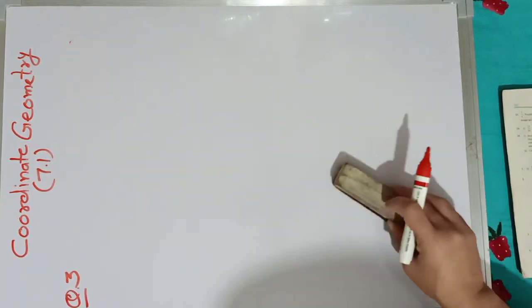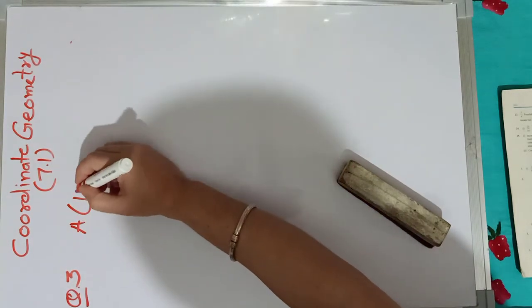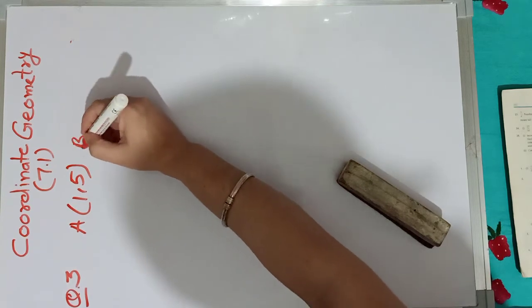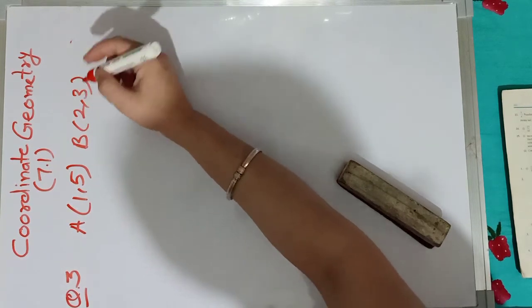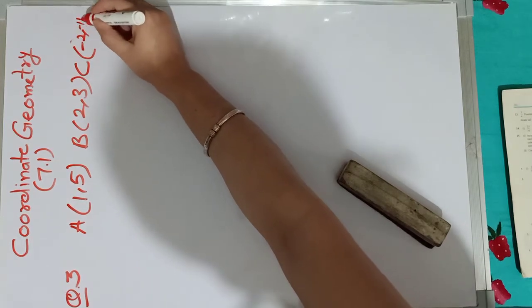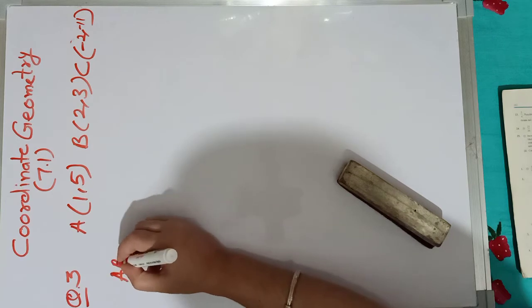Now let us start. You are given the point (1, 5). Let it be A, B as (2, 3) and C as (-2, -11). Now find the distance AB.